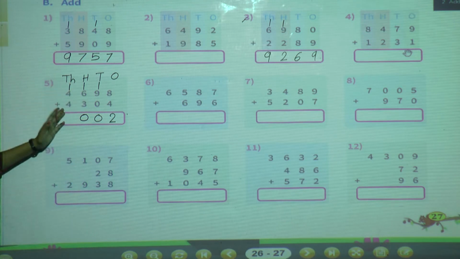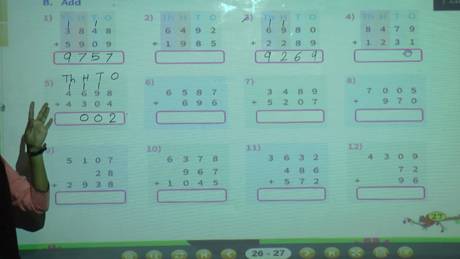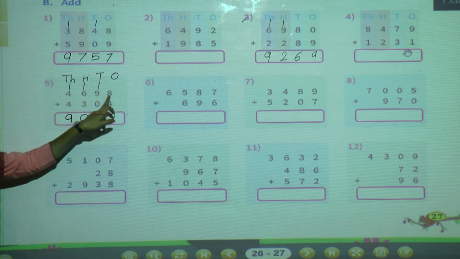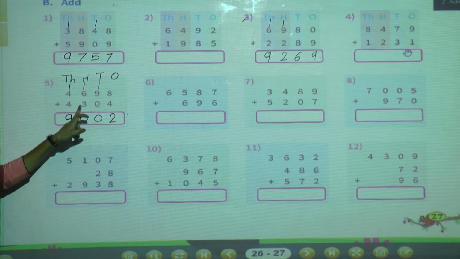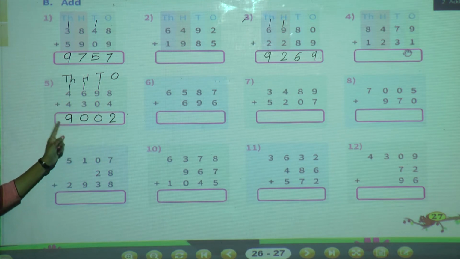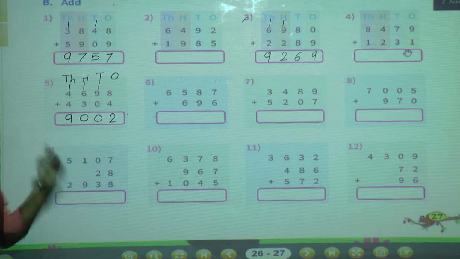Now add these 3 digits, which is at thousands place. 1000 plus 4000. 1 plus 4, 5. 5 plus 4 again, 6, 7, 8, 9. So 4698 plus 4300 is equal to what? The answer is 9002. This is our answer.